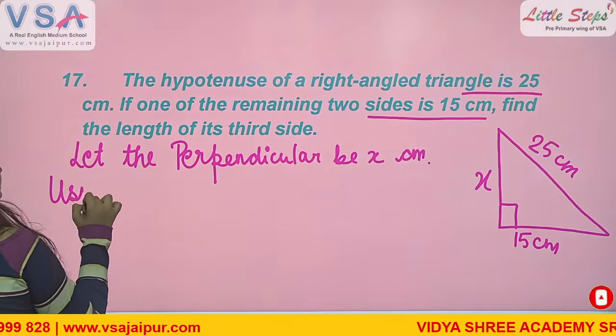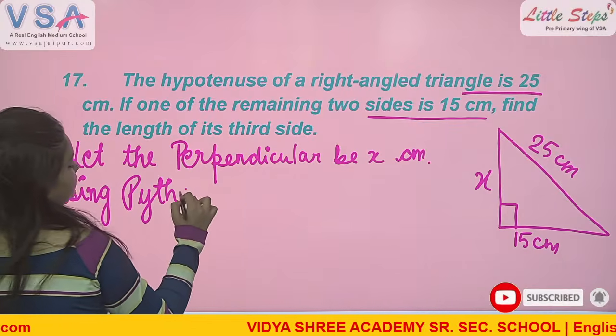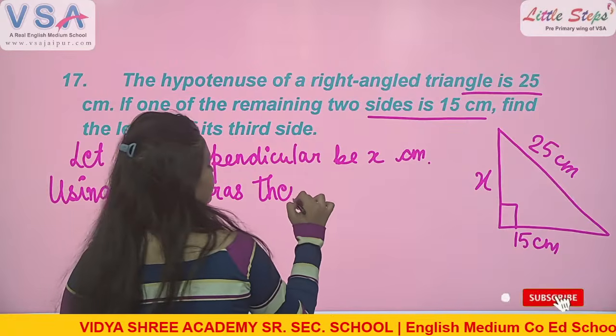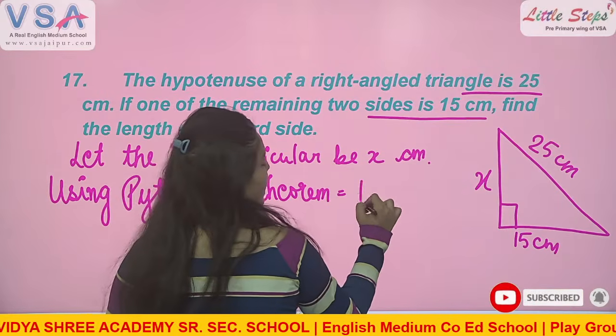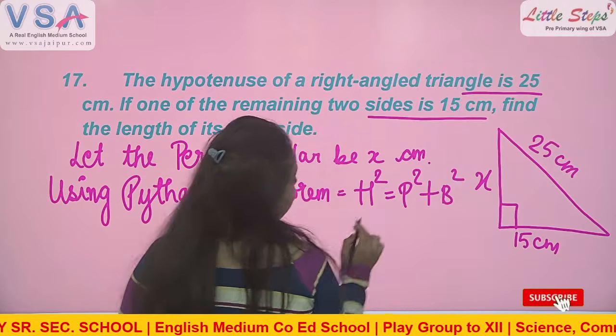As you all know, right triangle में कौन सा प्रॉपर्टी यूज होता है, Pythagoras theorem. Using Pythagoras theorem, hypotenuse का स्क्वायर इक्वल्स टू परपेंडिकुलर का स्क्वायर प्लस बेस का स्क्वायर.